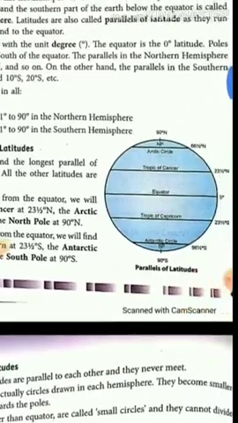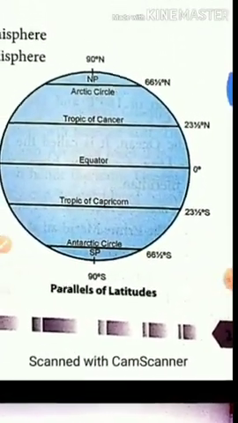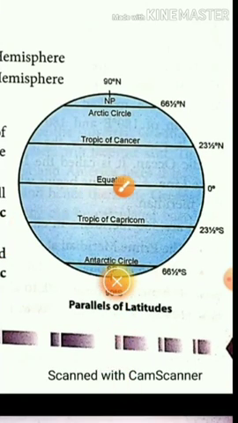First of all, here we can see the equator, which is 0 degree, neither north nor south. It is situated in the neutral portion because it divides the globe into two parts.